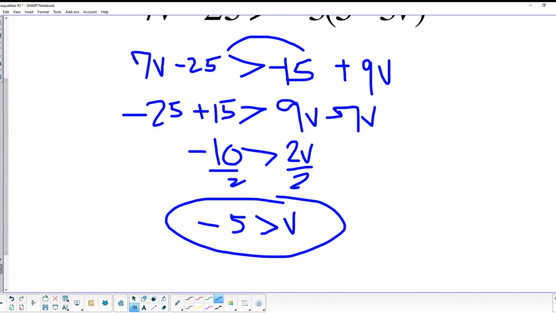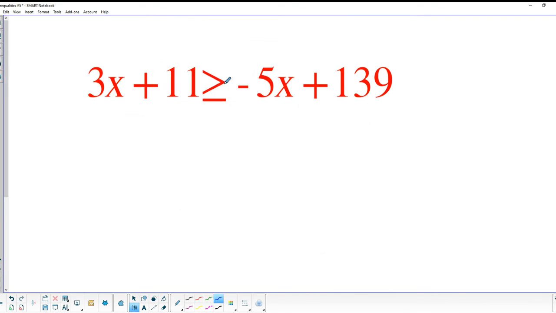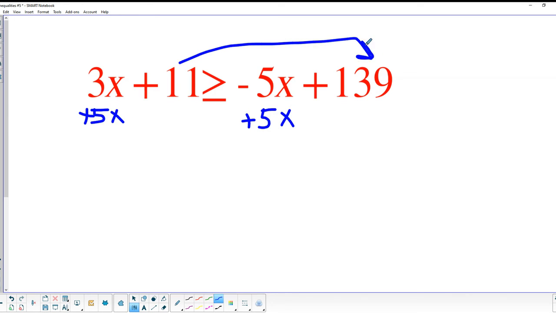All right, let's do that last one then. So 3x plus 11 is greater than or equal to negative 5x plus 139. So let's add 5x to both sides, or in other words, we're bringing the 5x over here and making it positive. And then we're going to move 11 over there, and it's going to become subtract 11 on that side.